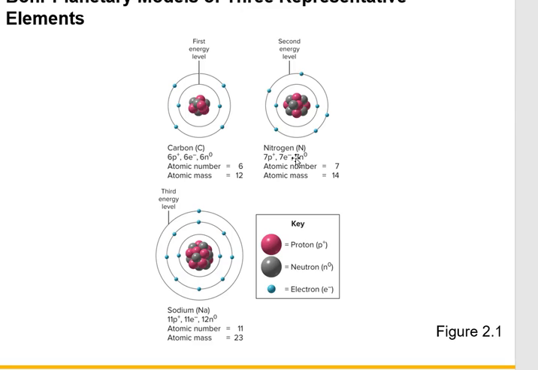Since we have 7 protons, we have a total of 7 electrons. So 2 are here, which means you've got 5 left over in the outer energy level, right there. So if they ask you, nitrogen has 5 valence electrons, or 5 electrons in its outer energy level.